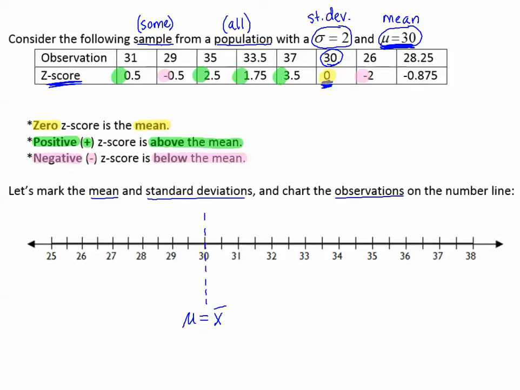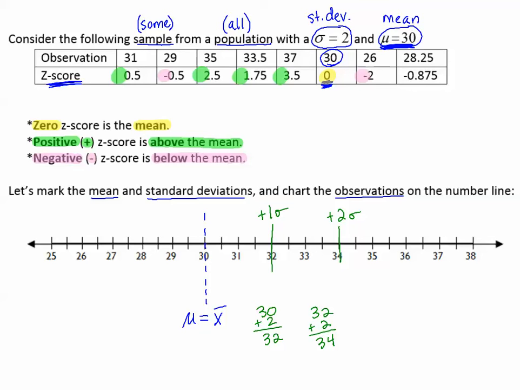So the standard deviations that are above the mean are 2 units above the mean. So if the mean was 30 and I add 2, I get 32. So here is one standard deviation above the mean. 32 plus 2 makes 34. So here is 2 standard deviations above the mean.